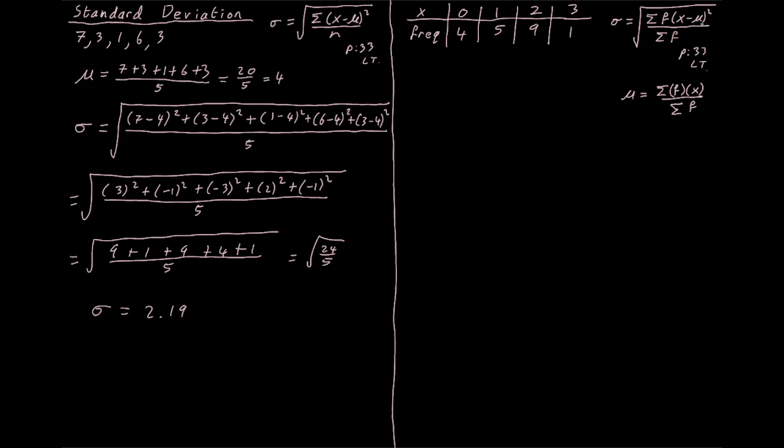So we need the mean, just like before, we need mu, and when we're dealing with a frequency table, we have gotten 4 zeros and 5 ones and 9 twos and 1 three. So to get our mean, we're going to get our total value of all of our numbers, so we'd have 4 zeros plus 5 ones plus 9 twos.